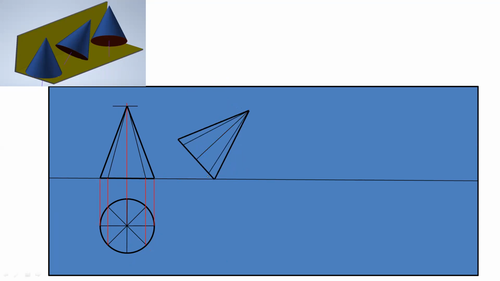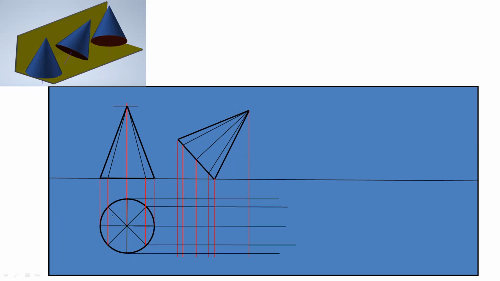Now take the projections from the second stage front view in the top view like this, and similarly take the projections from the first stage top view. Now find out the intersection points and give the names.